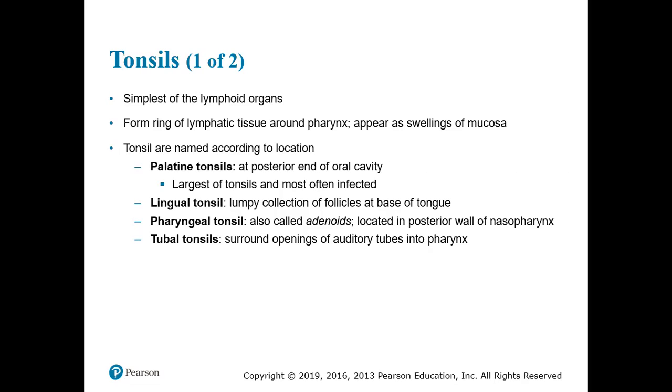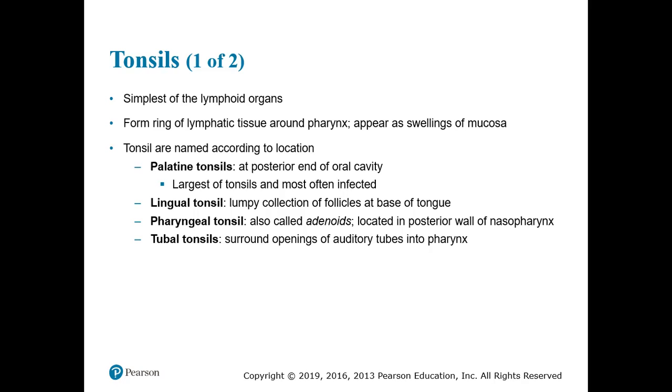Now, when we take a look at lymphoid organs, some of the smallest and simplest are going to be tonsils. There are 4 different types of tonsils, and they are named based on their location. Palatine tonsils are at the posterior end of the oral cavity.